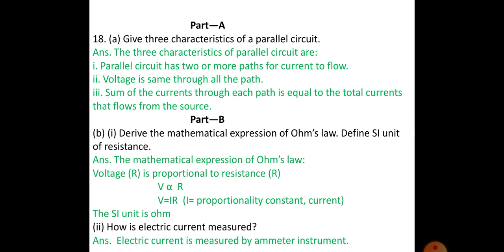Voltage is proportional to current, that is I, capital letter I. So in mathematical way we can write that V is directly proportional to I. Then V equals IR, where R is the proportionality constant or resistance. I denotes current. Sorry for the mistake. Please rectify it. The SI unit of resistance is ohm.